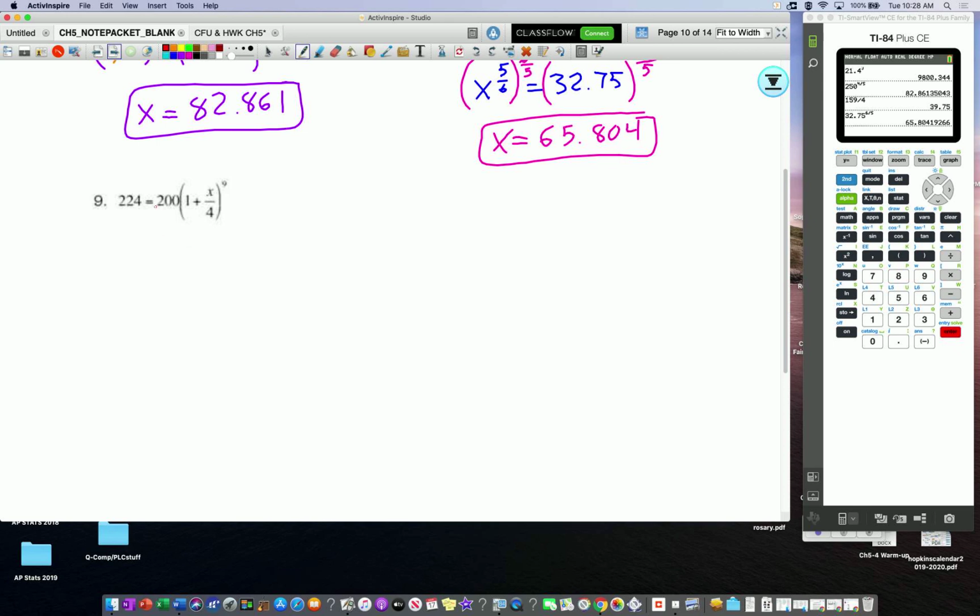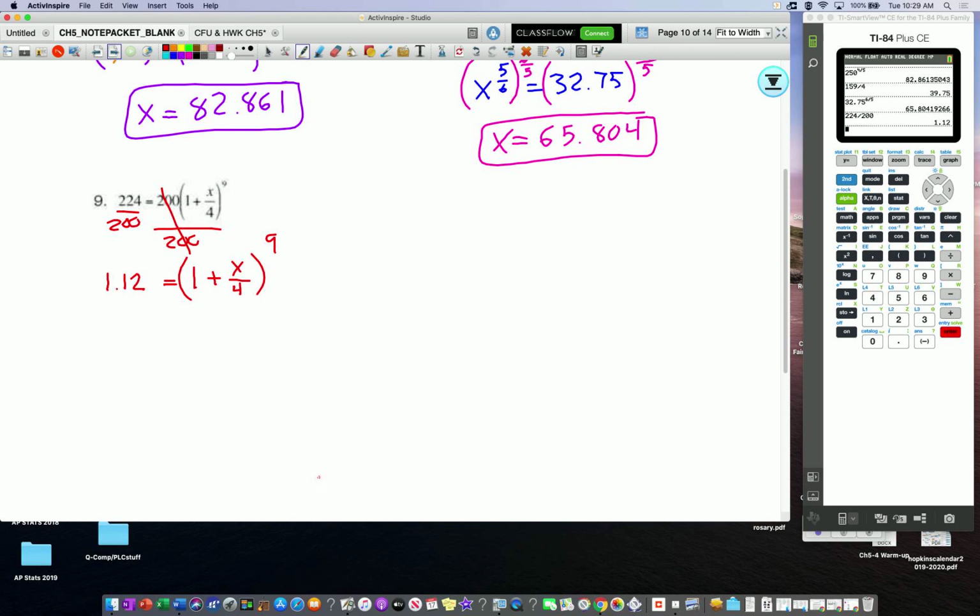The first thing I need to do is divide both sides by 200. So 224 divided by 200 equals 1.12. So 1.12 equals, I can remove the parentheses, (1 plus x over 4) all being raised to the 9th power.